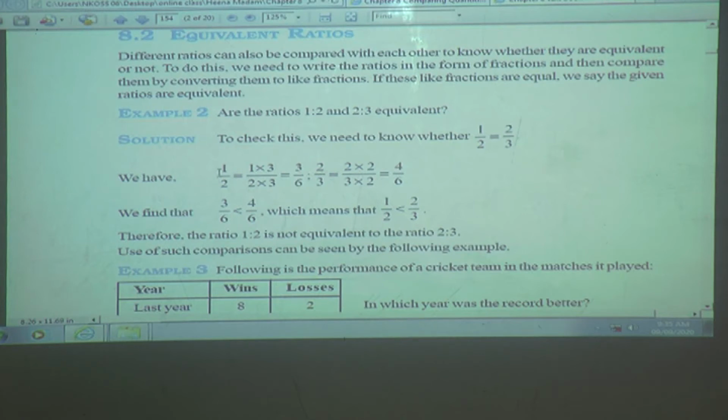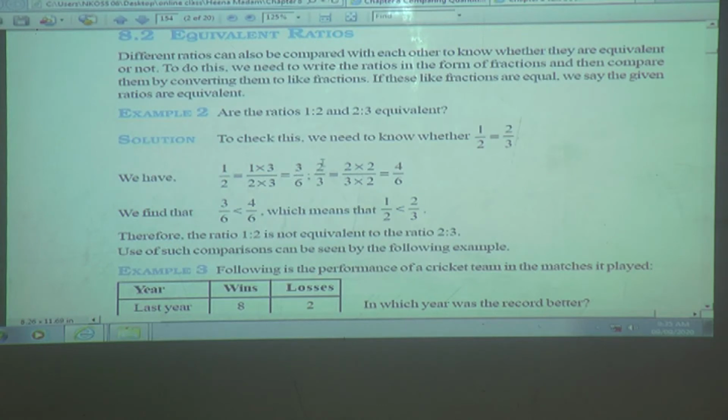So what will we do? Take the first fraction, 1/2, which is nothing but half. To make the denominators equal, that is, to find the LCM, we multiply 2 by 3 to get 6. The same number we multiply in the numerator, so 1 times 3 is 3, giving 3/6. Reduce if it is possible; if not, keep it as it is.